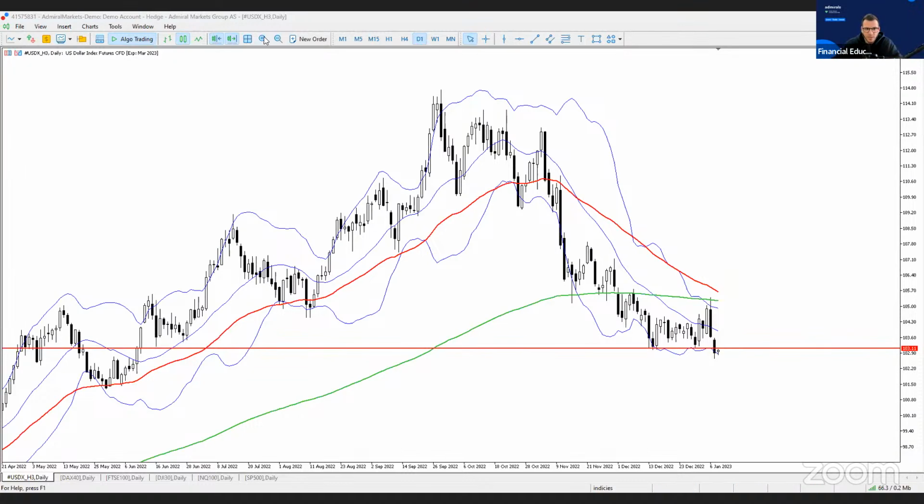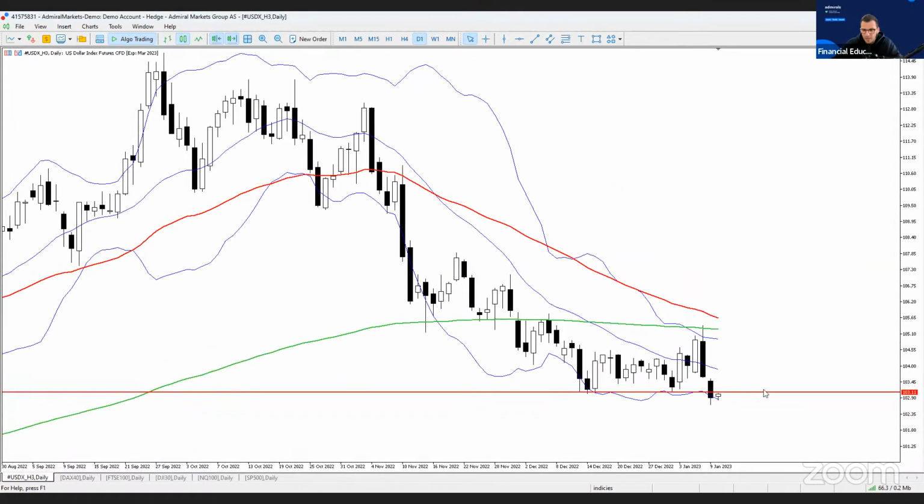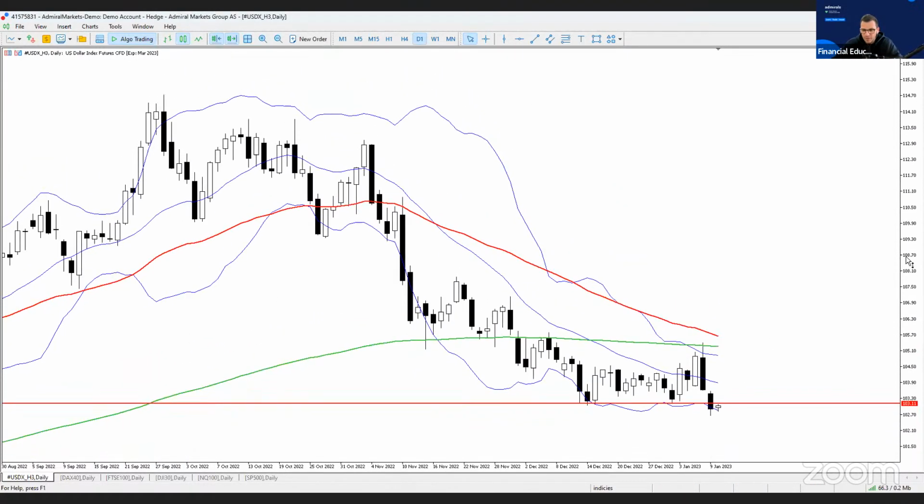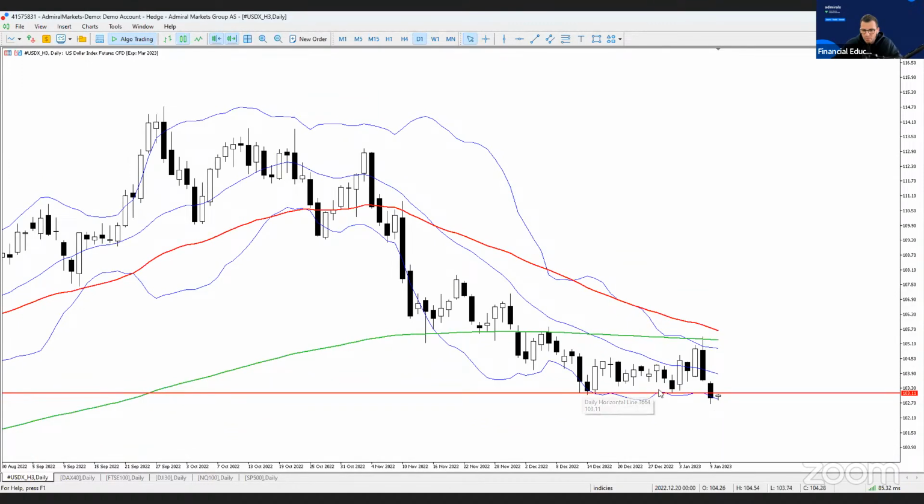So what do we expect today? Today we are trying to break below this support. Remember, yesterday I mentioned the Bollinger Bands, that I use them as trend filters, and I don't necessarily buy when the price touches the lower band or sell when the price touches the upper band.